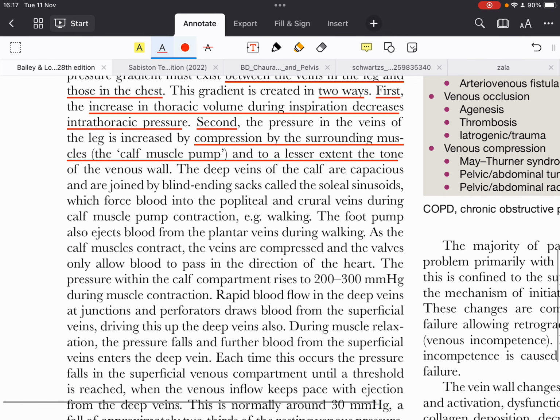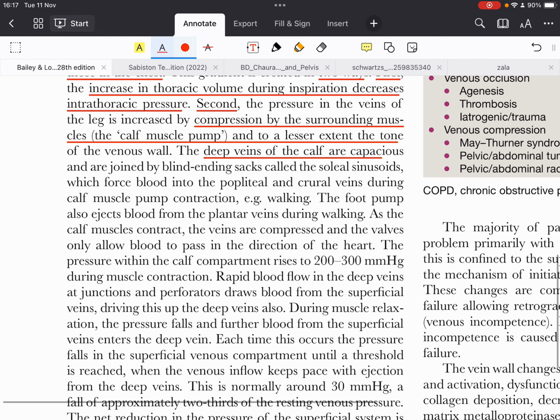The deep veins of the calf are capacious and are joined by blind ending sacs called the soleal sinusoids, which force blood into the popliteal and crural veins during the calf muscle pump contraction.